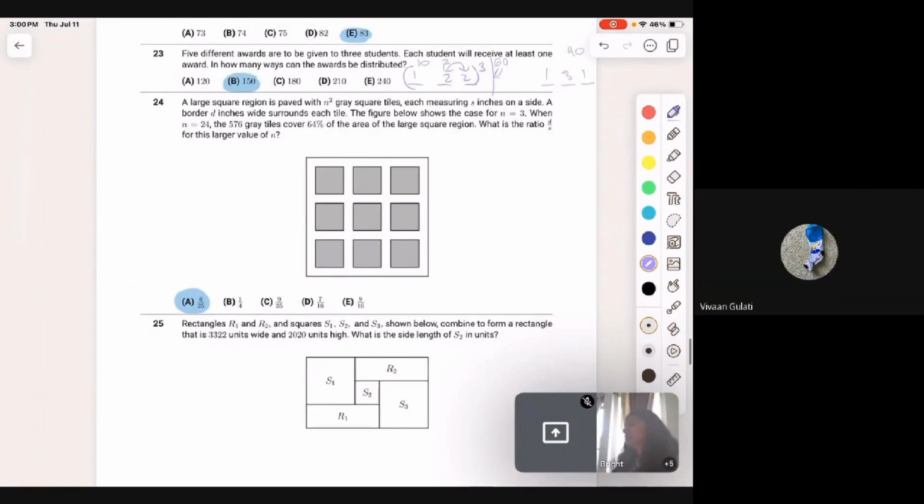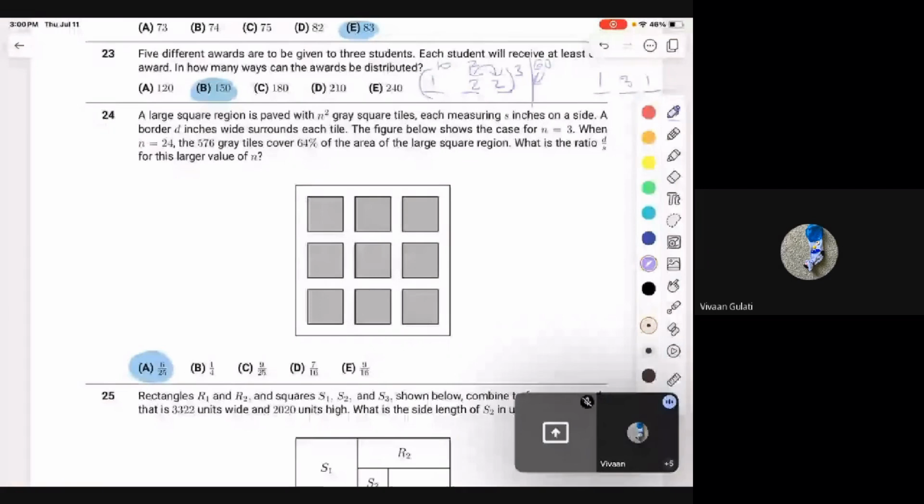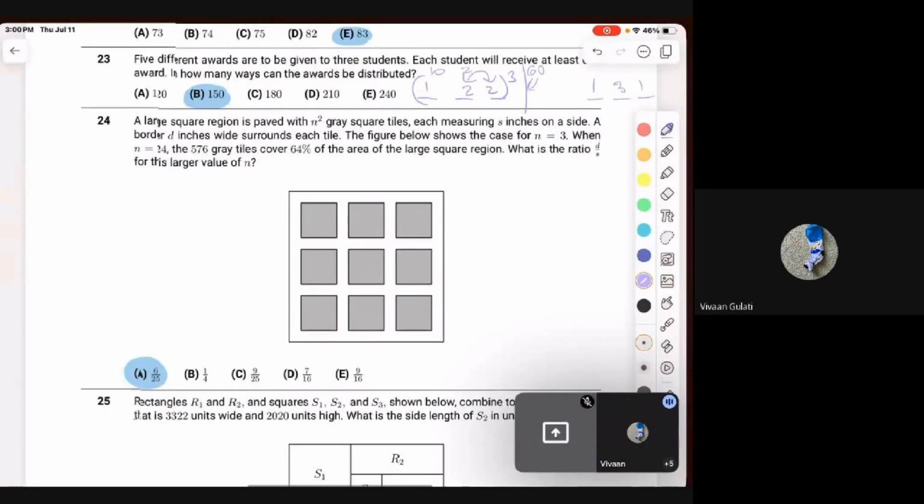Okay, I was going to. So the area of the tiles is 20n. So n is 24 squared times the inches on each side, s squared. So it's s squared. That's the area of the tiles, and the area of the square is 24 times the inches on each side, which is 24s, plus 20 what?